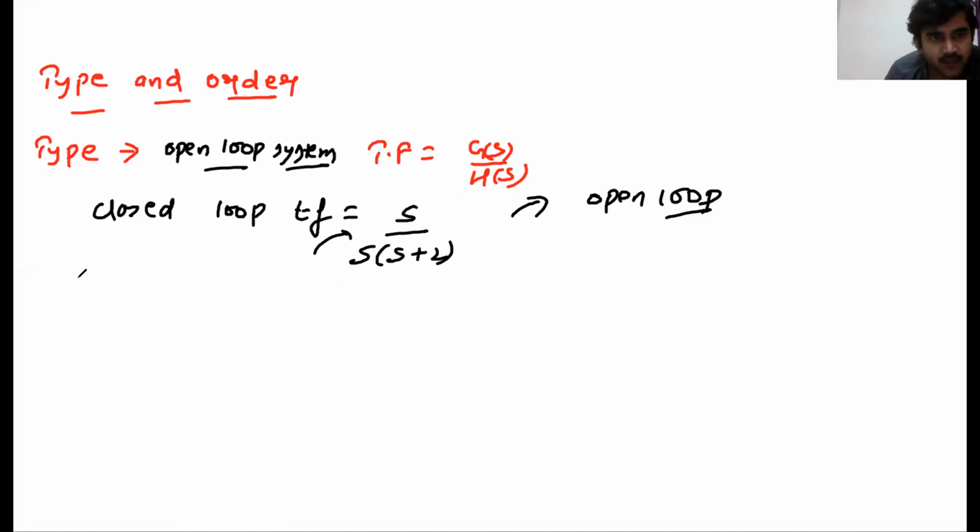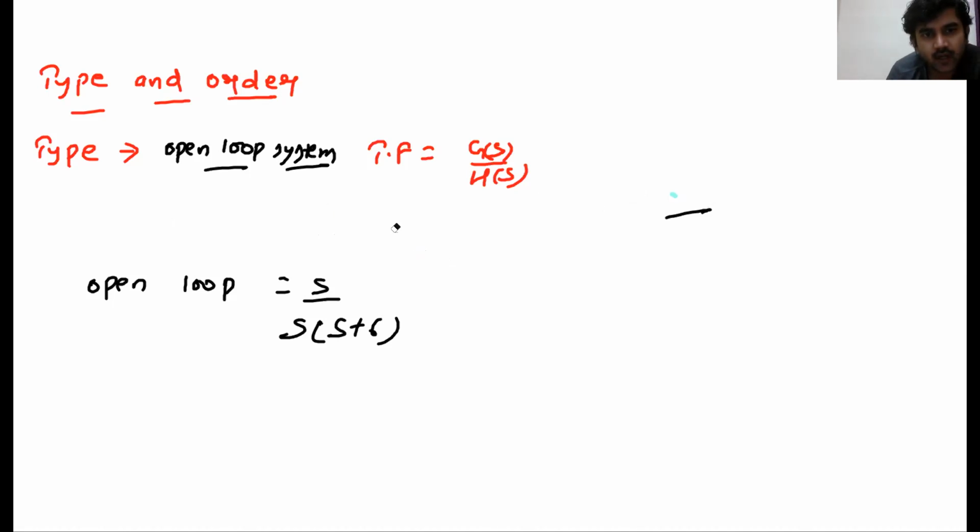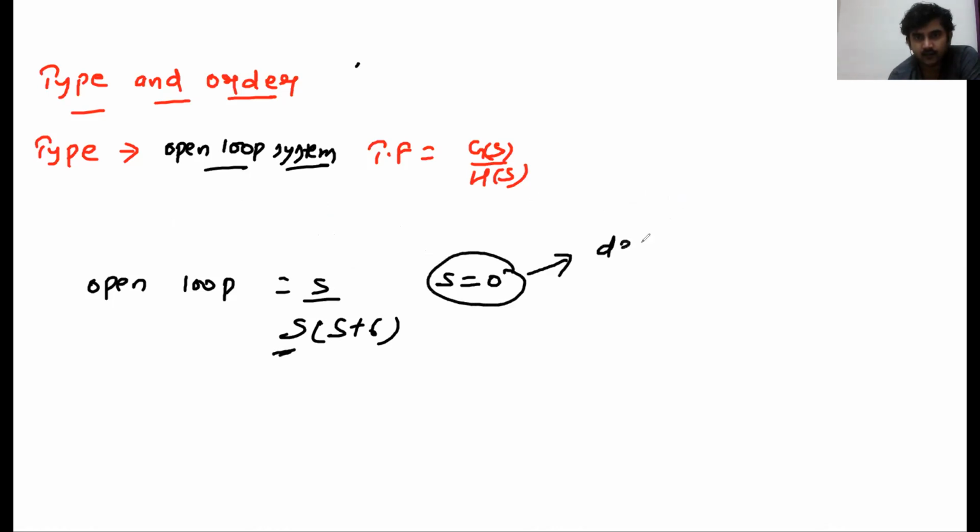If the transfer function of open loop we get is something like this, and there is a pole at s equal to 0, this will decide the type of the system.